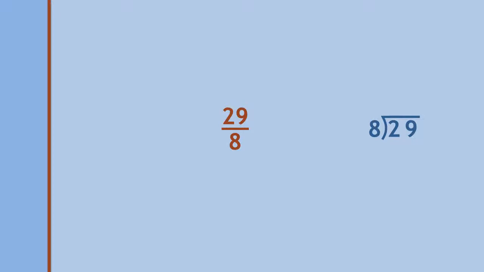Well, 8 goes into 29 3 times. 8 times 3 is 24. Our remainder is 5. And so we have 3 and 5/8. So 29 over 8 can be reduced to a mixed number of 3 and 5/8. That's just a quick review of how we would turn an improper fraction into a mixed number.